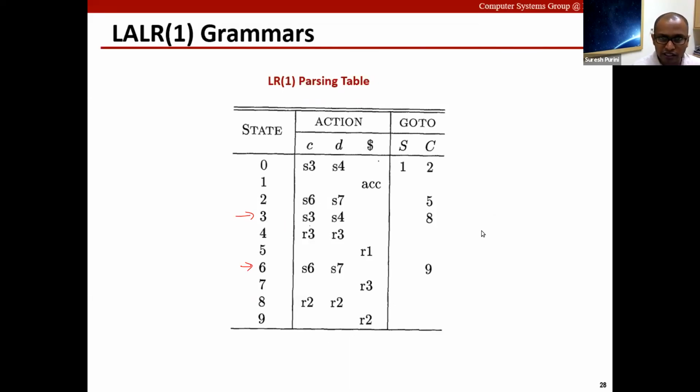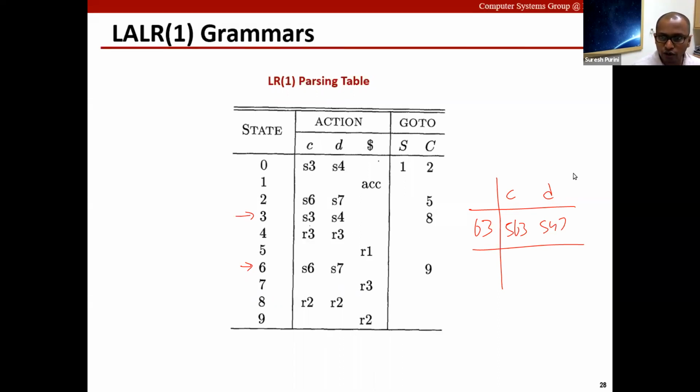And in the new parsing table associated with state 63, when you are in state 63 and you see the symbol C, you shift and go to state 63. And when you see D, you shift and go to state 47, because 4 and 7 are going to get merged.